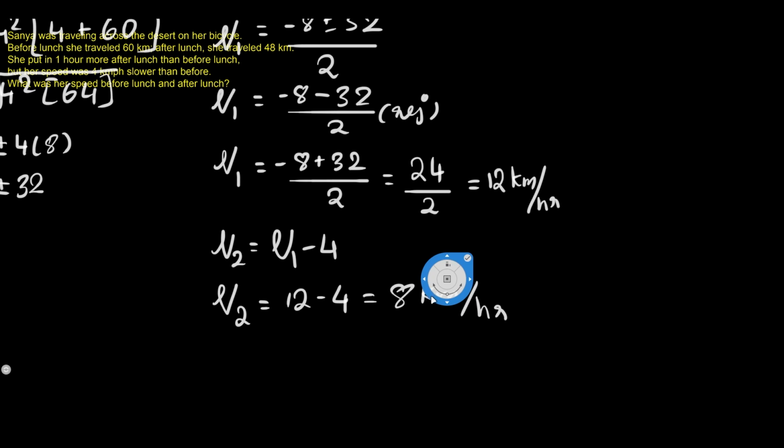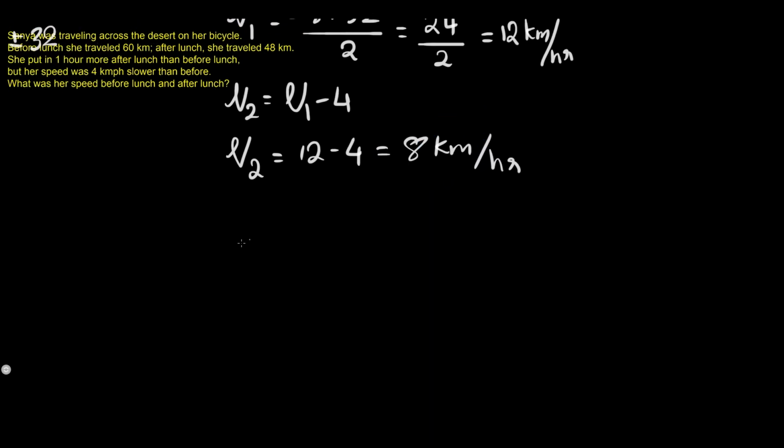Okay, so we found the answers. Let's write it in a neat fashion, shall we? Speed before lunch. I don't know why I wrote the B as a capital there. Anyhow, let me fix that.